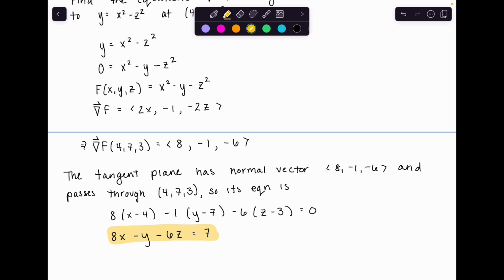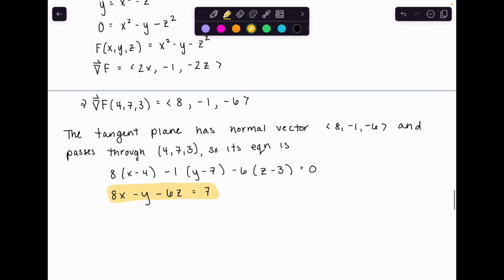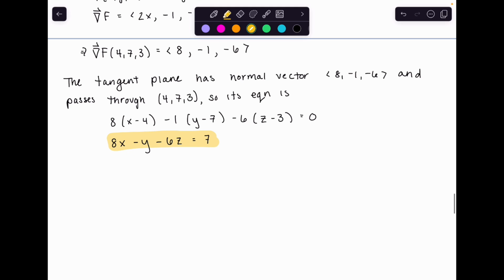Now what we did before was basically if you just take this equation and solve for z, that gives you the linear approximation. Doesn't change anything at all that we've done. But now that I also have this, we can find the normal line.